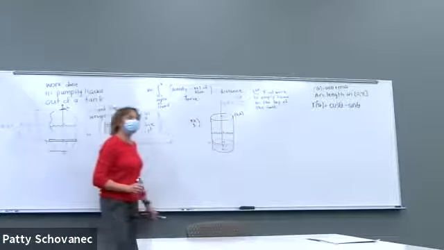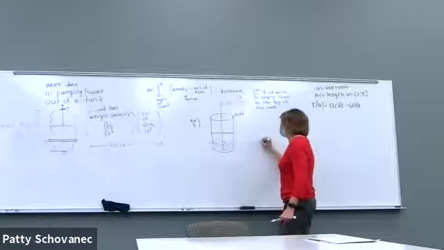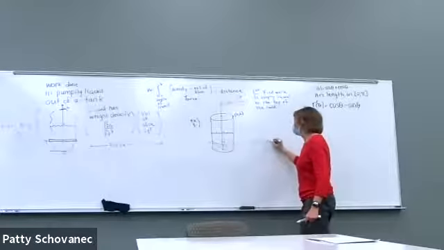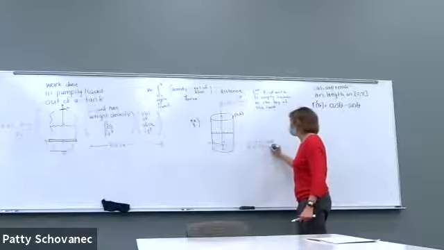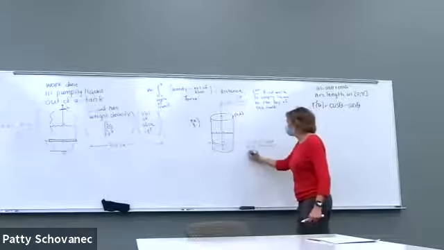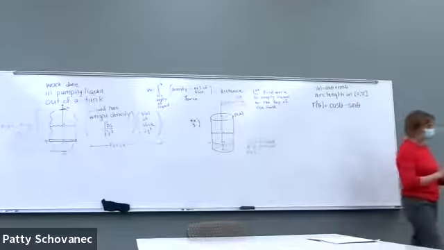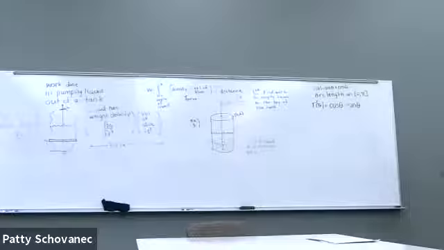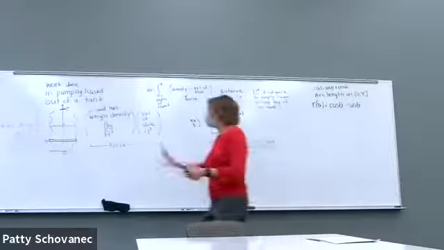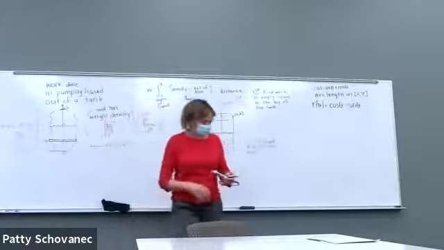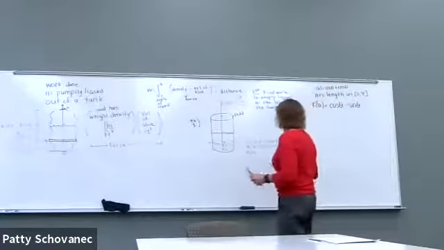So a slice is a circular disc of thickness delta y. And so, according to my game plan, I'm going to take that weight density, which is given as 62.4 pounds per cubic feet.